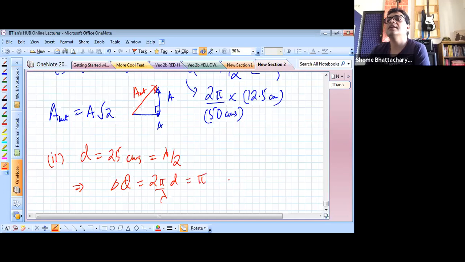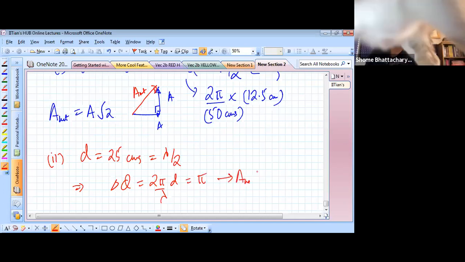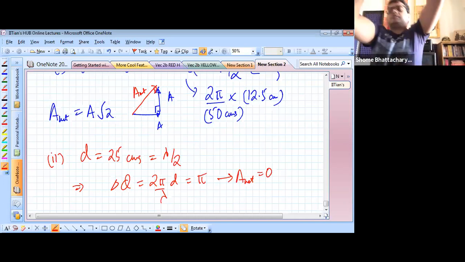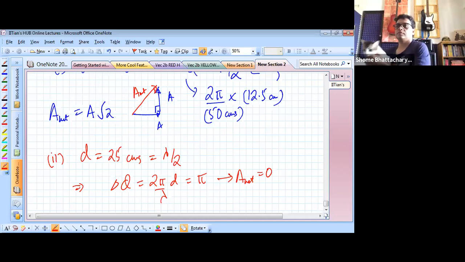So we are getting net amplitude as 0. Okay, so that becomes the relationship. This is a typical type of question related to interference. This is how we have to solve these kinds of equations.